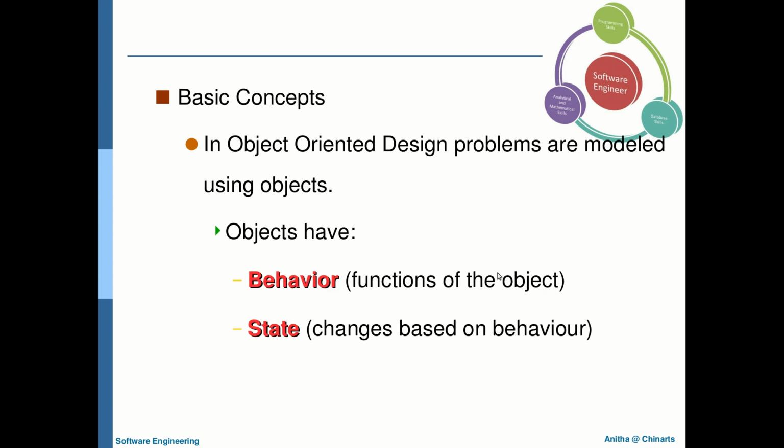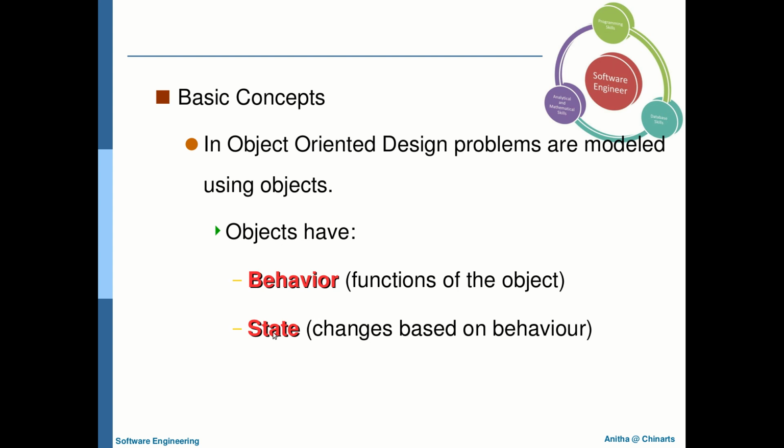These are the functions done by that particular object. For example, if you take a matrix as an object, then addition and subtraction are the behavior of the matrix object. Then state. State is another thing that will be used in the object.